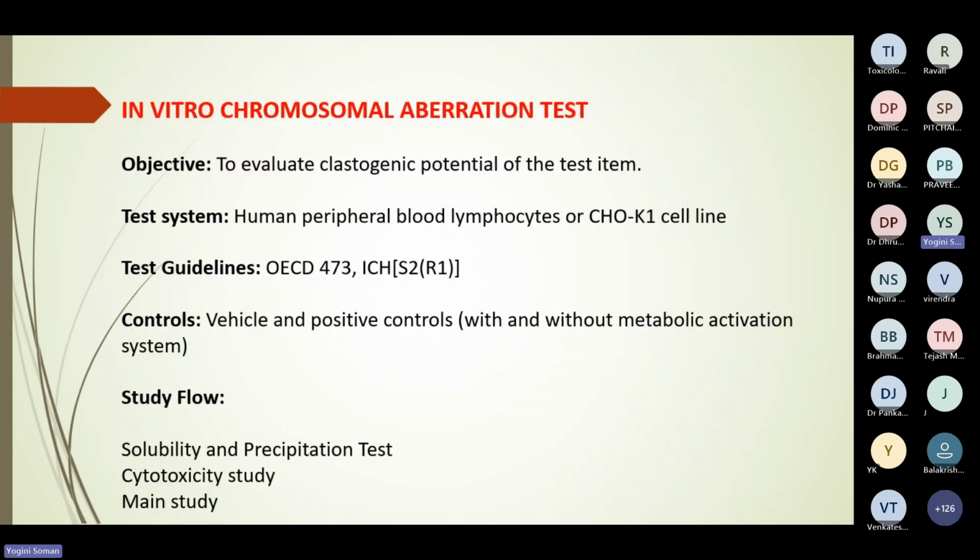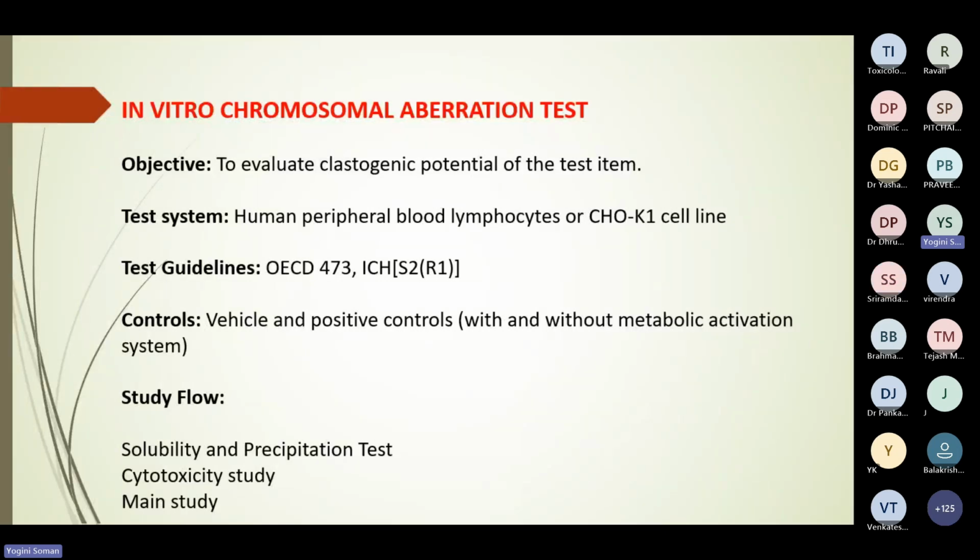The next assay is the in vitro chromosomal aberration test. The objective of the in vitro chromosomal aberration test is to evaluate the clastogenic potential of the test item, meaning structural chromosomal aberrations. You can use the test system human peripheral blood lymphocytes or the CHO-K1 cell line.